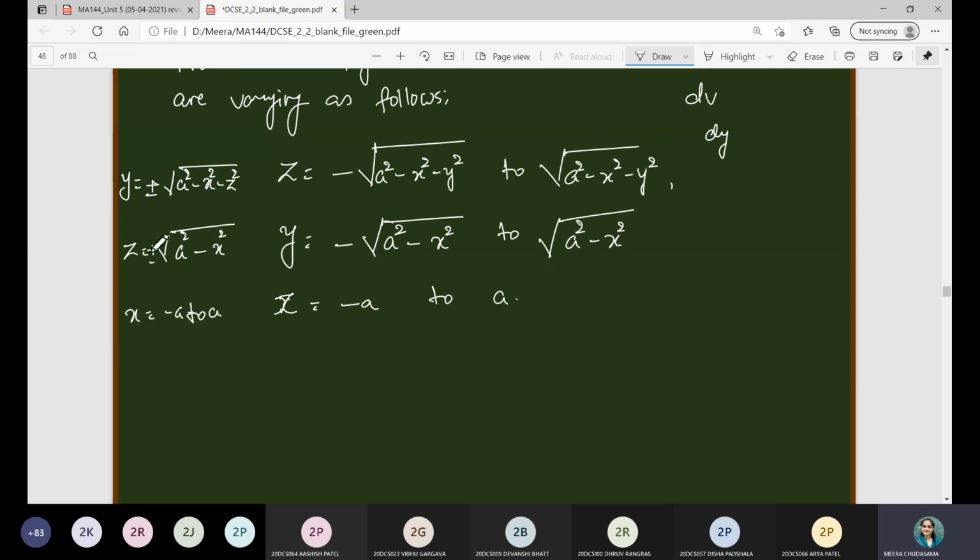You can change further, since it is a sphere, you can rotate the plane around the z axis, so the limit of z varies from minus a to a, and accordingly the x and y variables will also change. In any case, your answer must be 4/3 pi a cube, right?